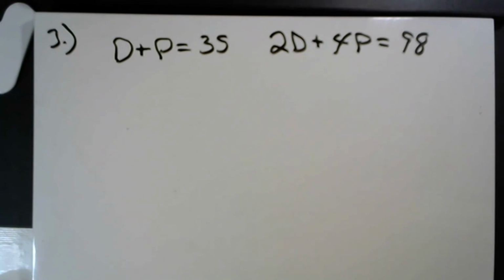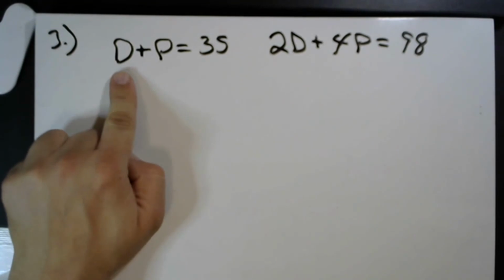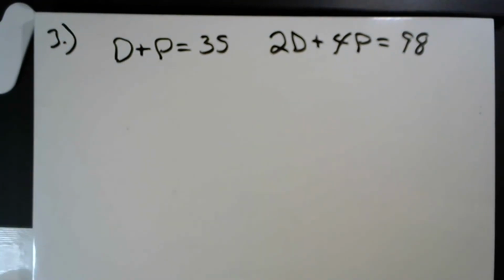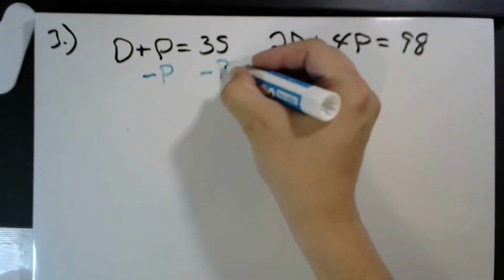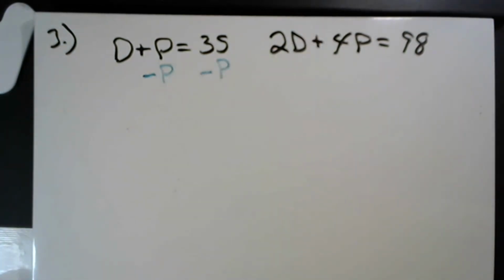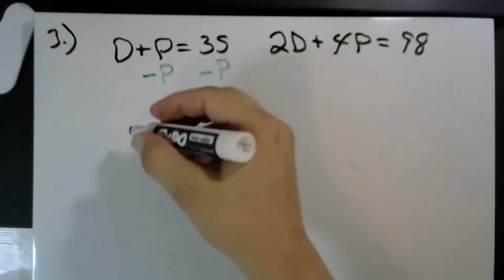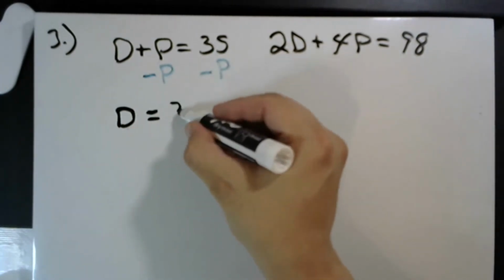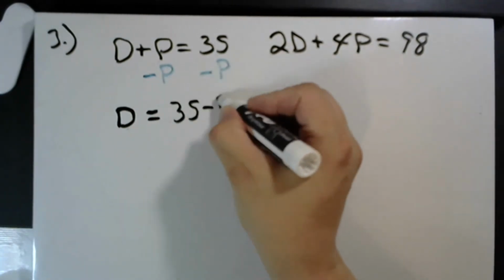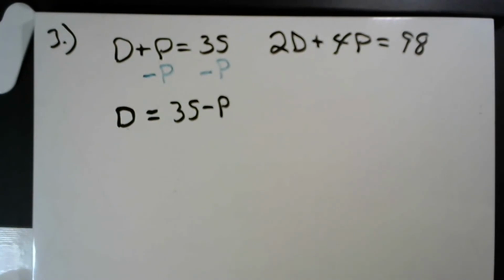There are different ways you can solve a system of equations, but one thing we can do is solve for d. I'm going to subtract p from both sides. This is where solving a formula for a variable becomes a very powerful skill.